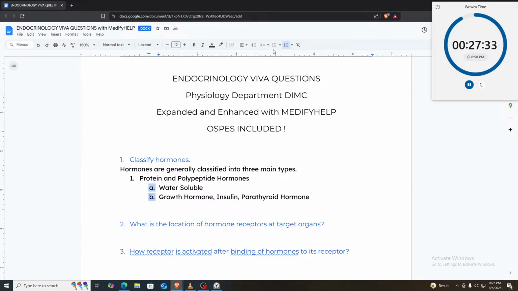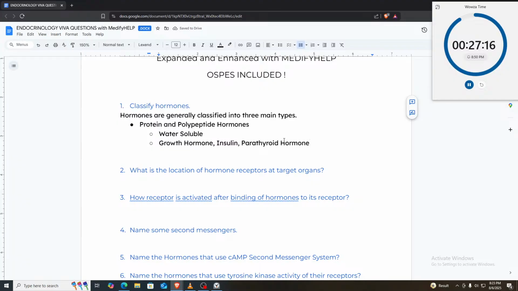We're going to change this up. I don't like these. Probably going to go with something like this, or like that. Yeah, that's good enough. Okay, so hormones, three main types: protein, polypeptide. They're water soluble in nature. And of course, the examples are growth hormone, insulin, and parathyroid hormone. Now the question might come, where are they secreted from?